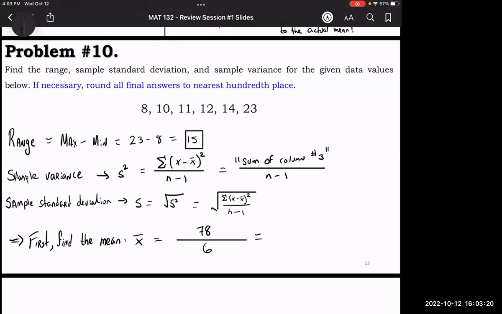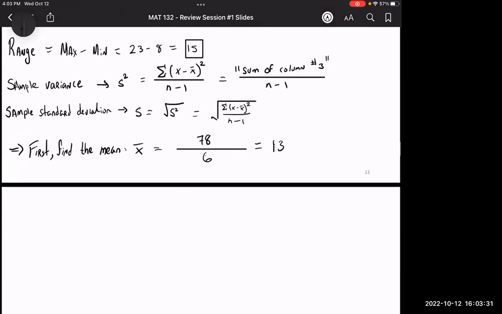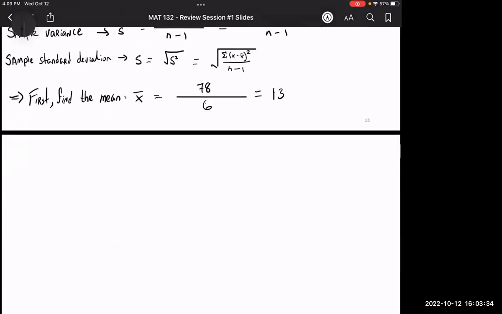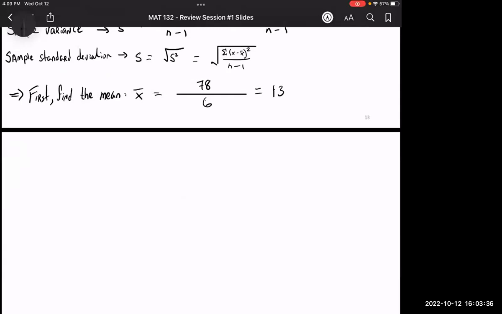If we do 78 over 6, that's going to equal what number? 13. So you got your mean. Good. Now I'm just going to slide this down. Now we're going to create and complete the following table.